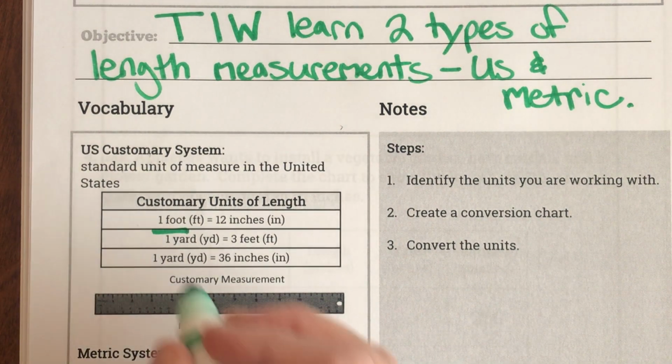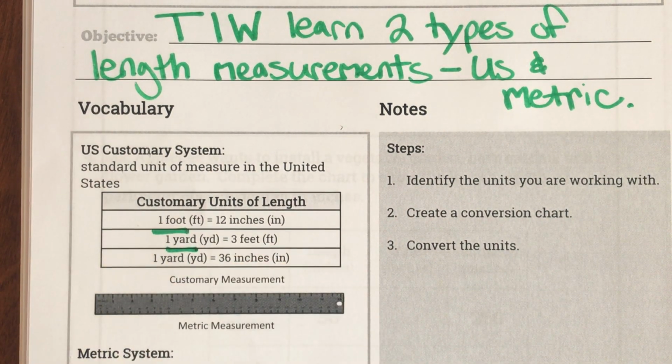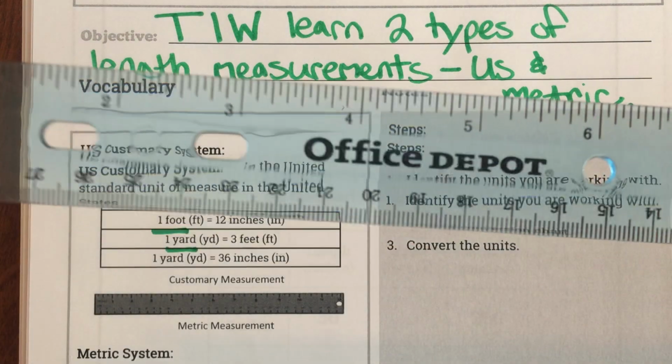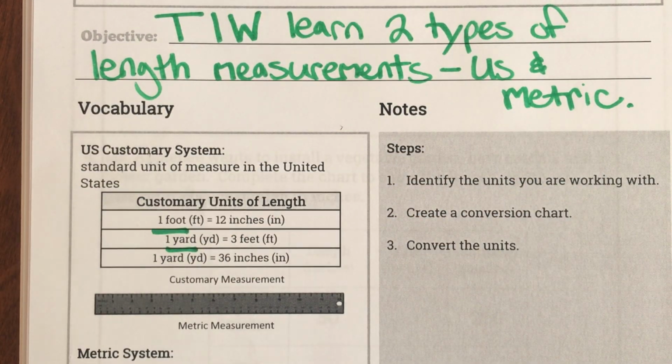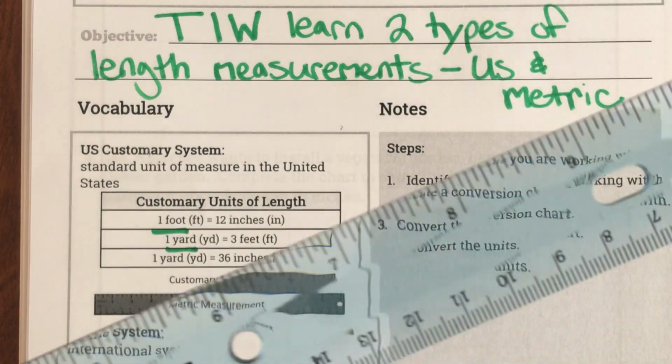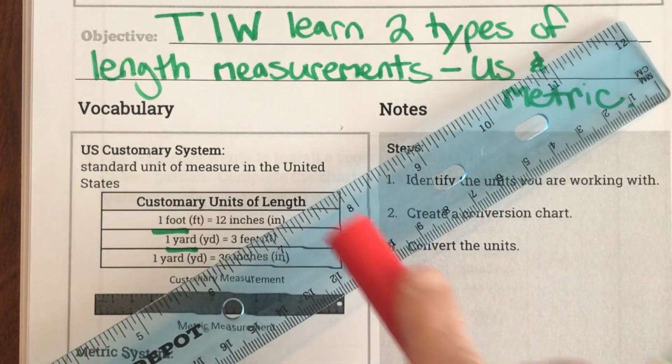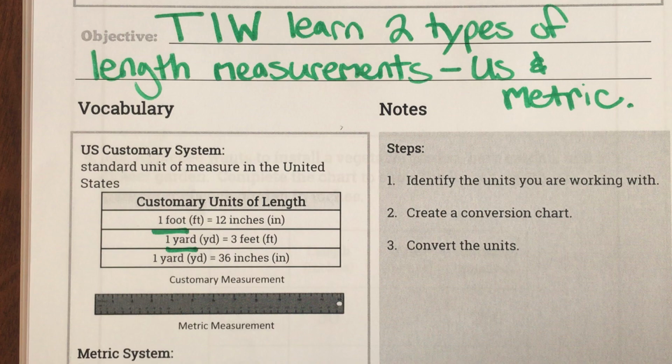We also use a yard, which you probably don't see as often. A yard is 3 rulers. So here's just a regular school ruler. A yard would be 3 of these. And because it's 3 of them and it could break easily, it's not usually plastic like this. It's usually a wood, huge ruler.